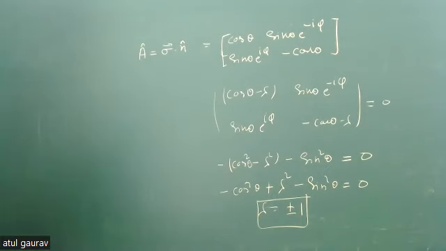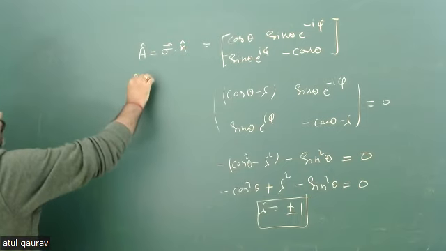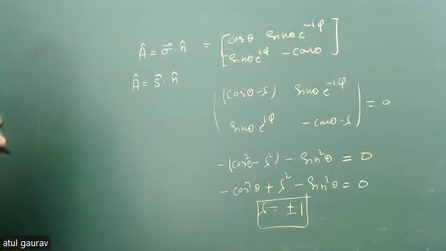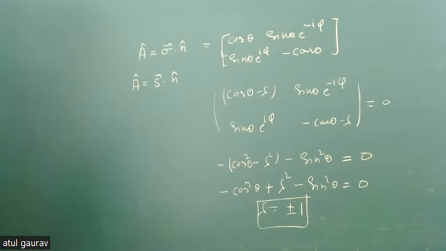So now can you please tell me what should be the eigenvalue of S dot n cap? And S is the spin matrix or spin vector for a spin half particle. What should be S dot n cap?